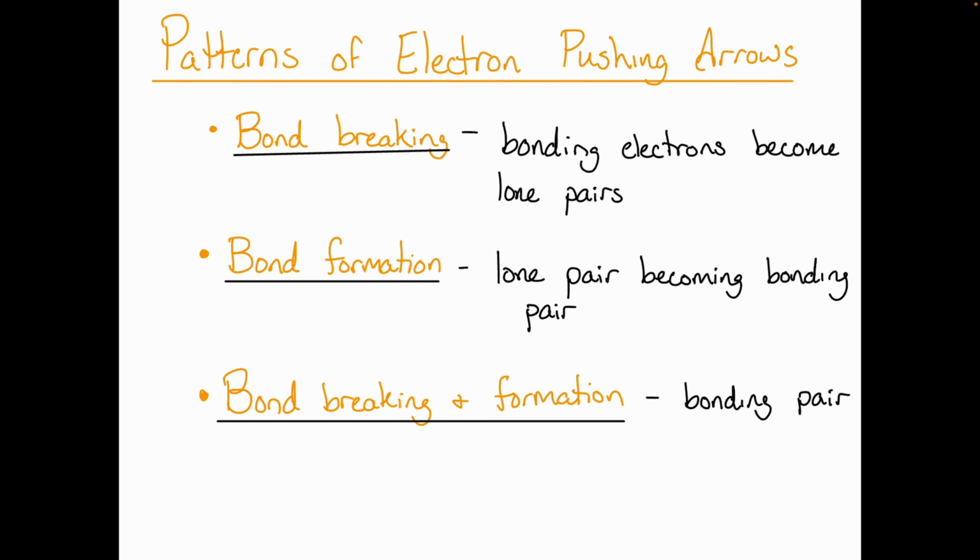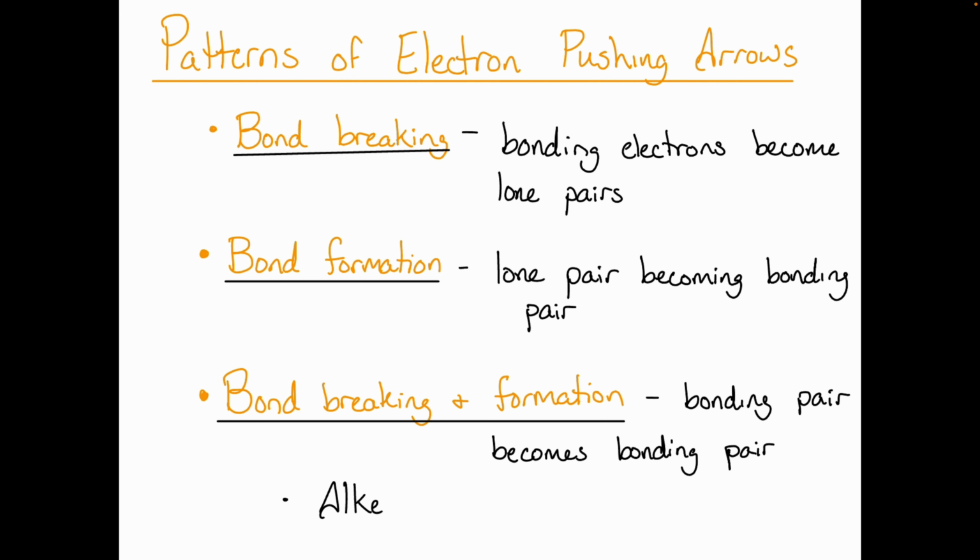All right, what we're going to see is our bonding pair of electrons becomes another bonding pair. All right, and we're going to see this in sort of a specific context.